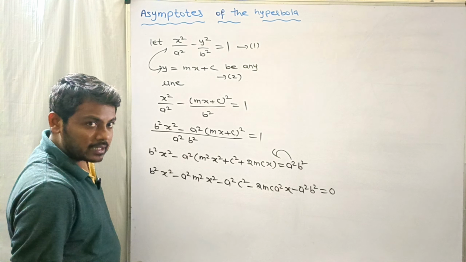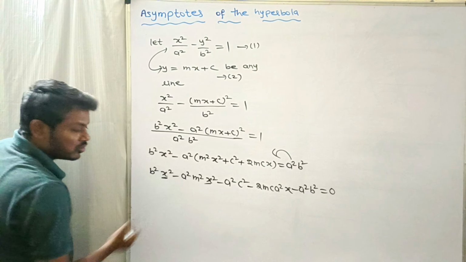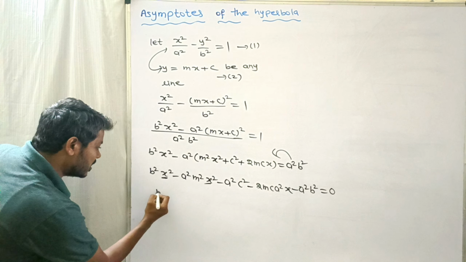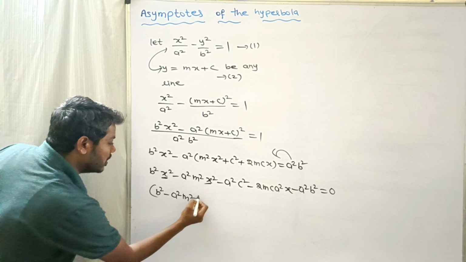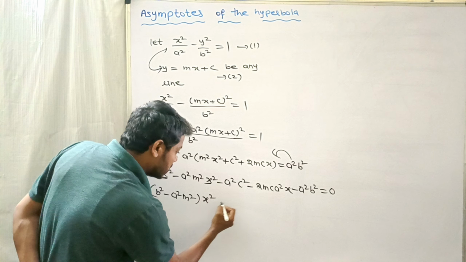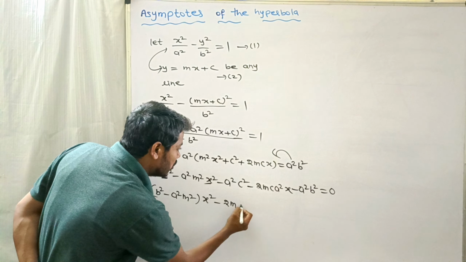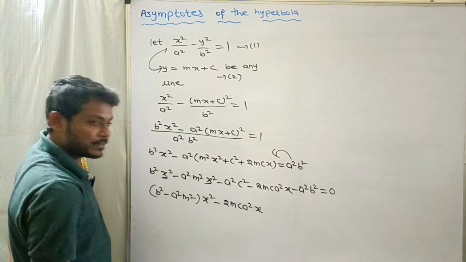Now first we can take the x square terms common. So in the first two terms x square is common, we will get (b square minus a square m square) into x square. Next write x terms, that is minus 2mc a square x.